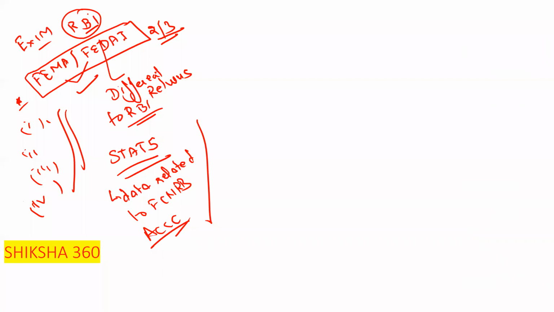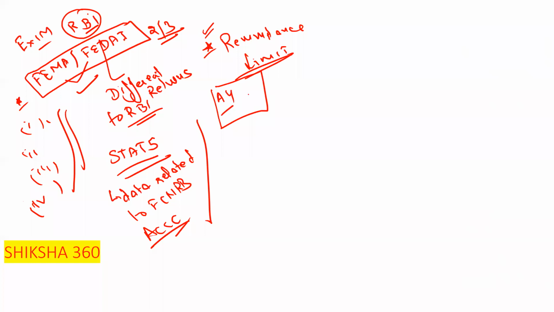And there is one very, very important thing under this chapter: they have given a remittances limit. I will provide you all these remittances limits on an A4 sheet, so that you are able to remember all these things.